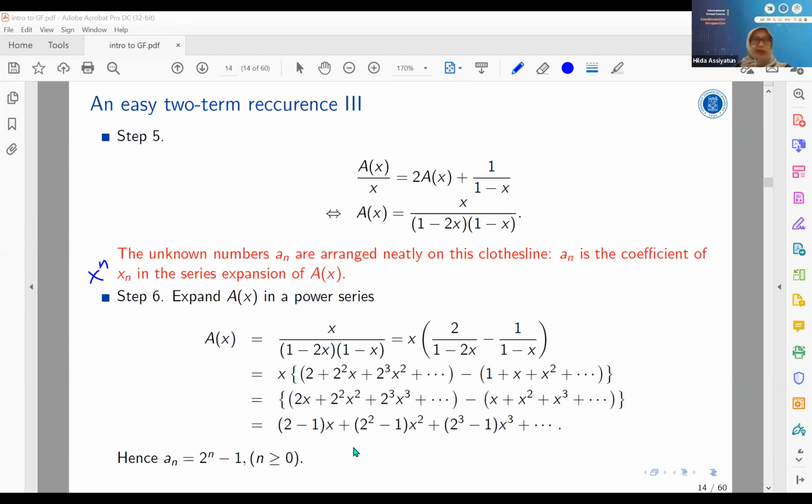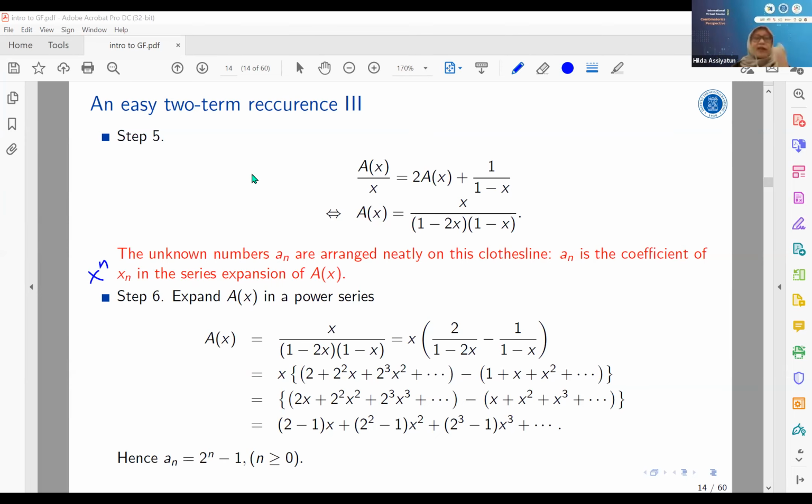Maybe it looks like this is too heavy machinery to handle simple problems. It's like killing a mouse with a big bomb. I hope that you will get the answer after more examples, why we need to employ this method.